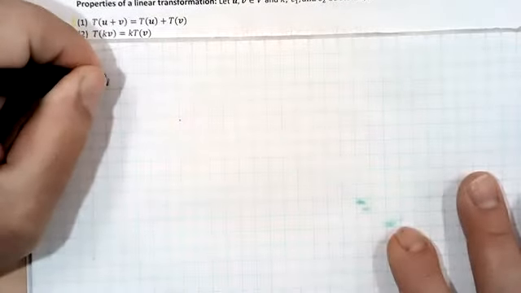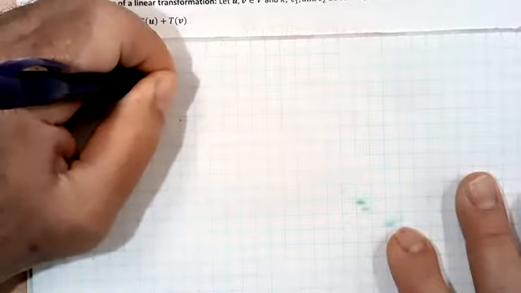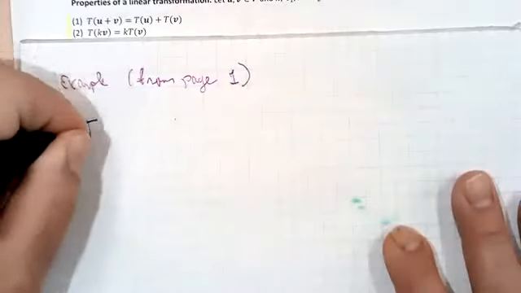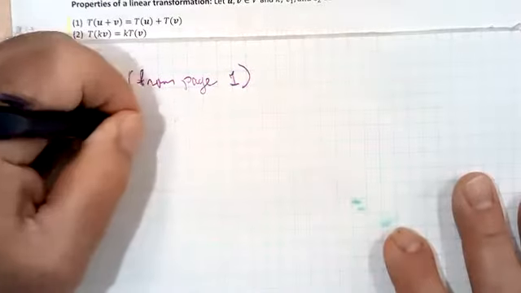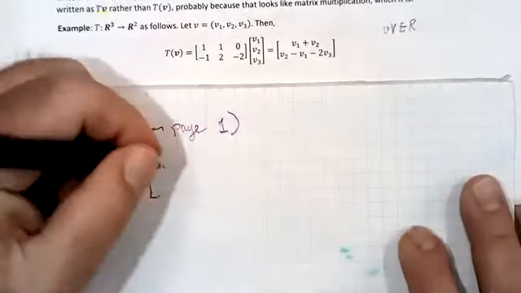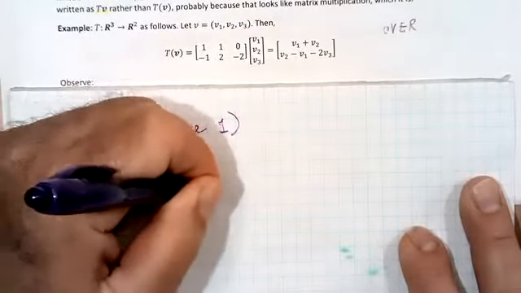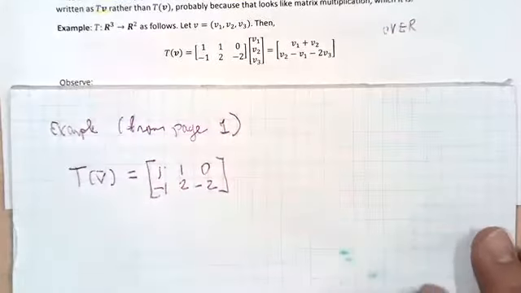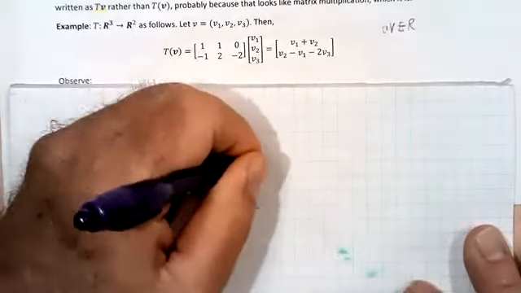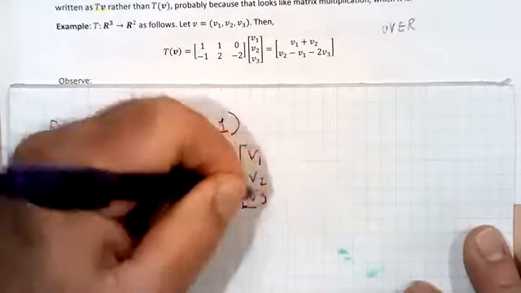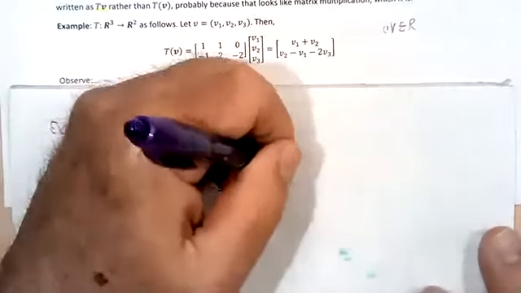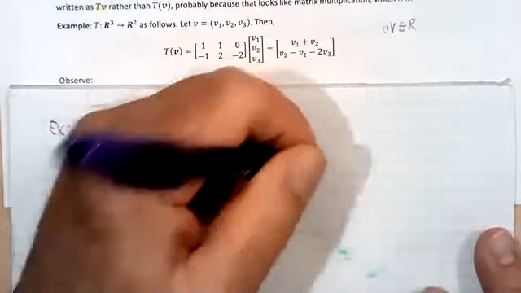So, for example, T of V is supposed to be left multiplication by the matrix 1, 1, 0, minus 1, 2, minus 2, and then you multiply by anything in R3, and you're going to get something in R2.